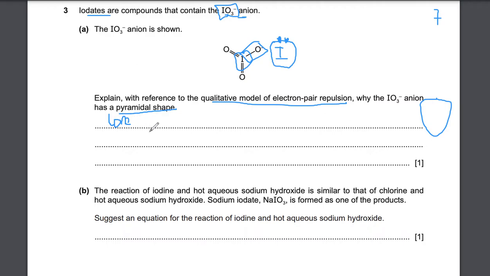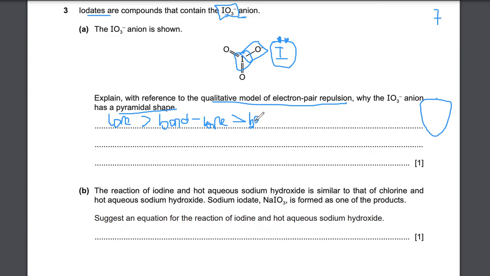How the repulsion goes is, a lone pair has the most repulsion, and then the bond pair and lone pair, and then the bond pair, bond and lone, and then bond.